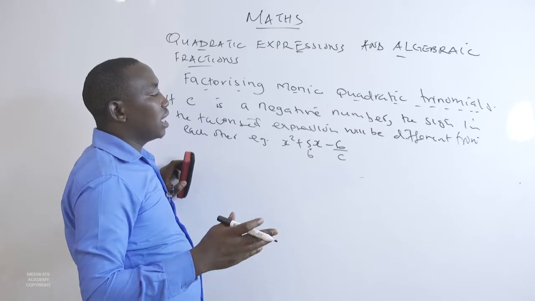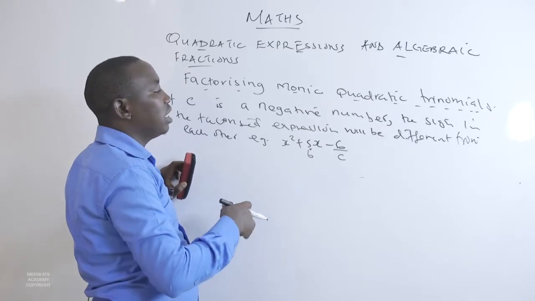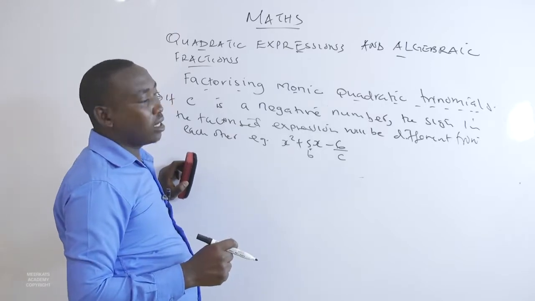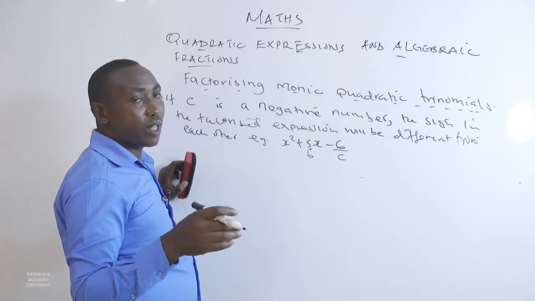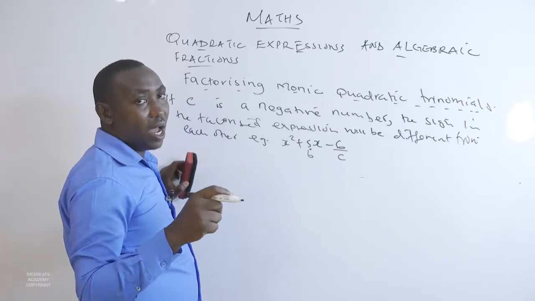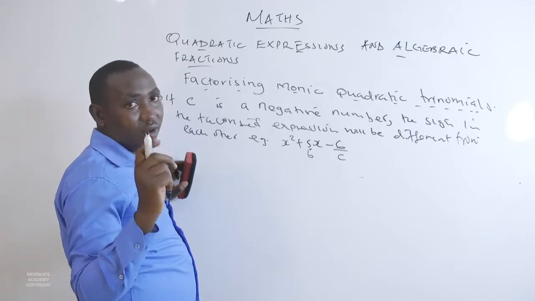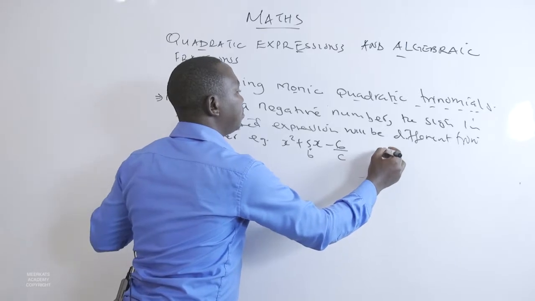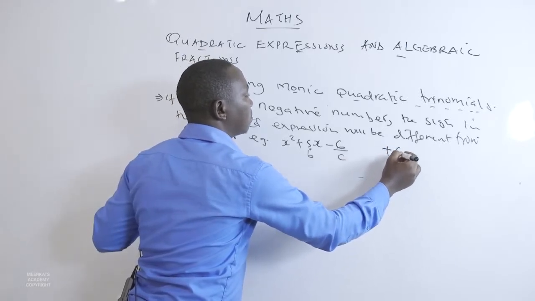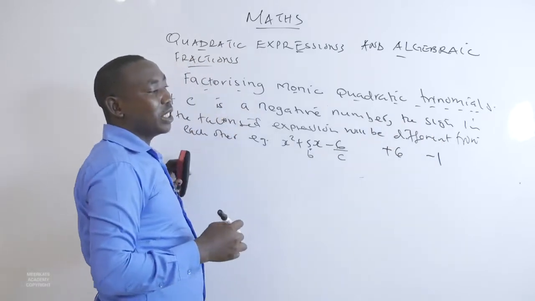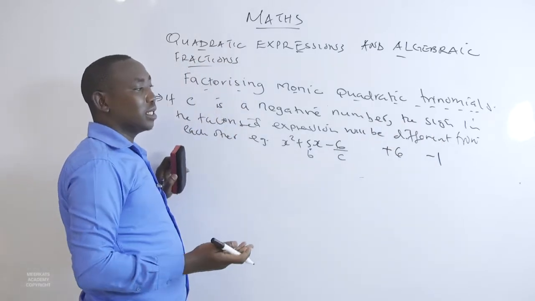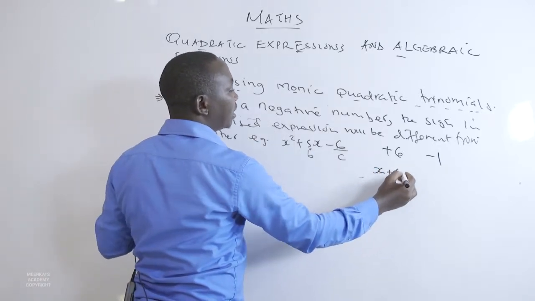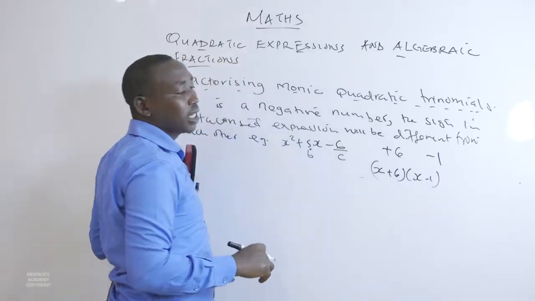This will be 6 and 1. 1 will be negative, 6 is going to be positive. So the two numbers are of different signs, and therefore in the factorized expression we shall have x plus 6 and x subtract 1.